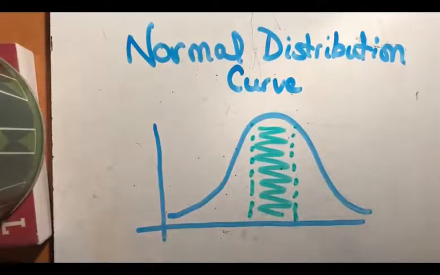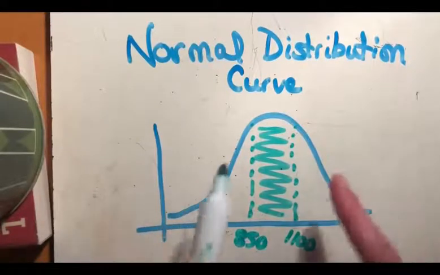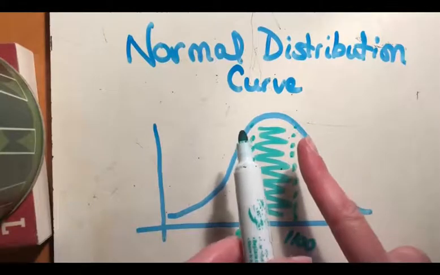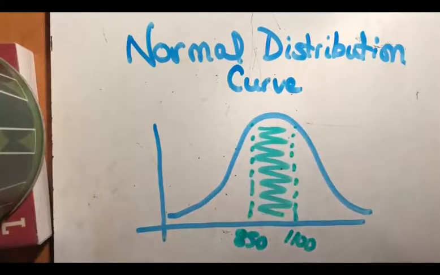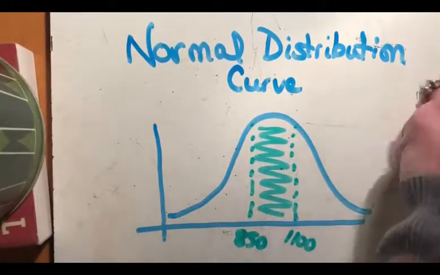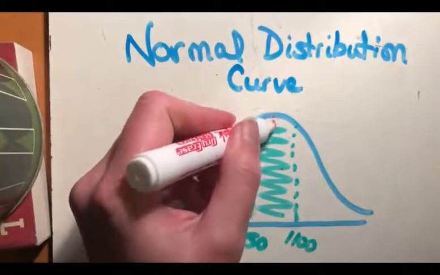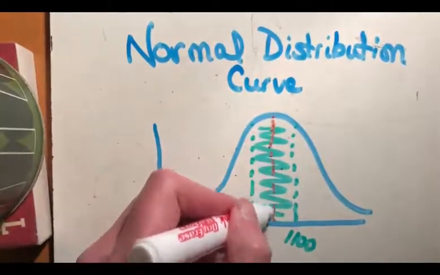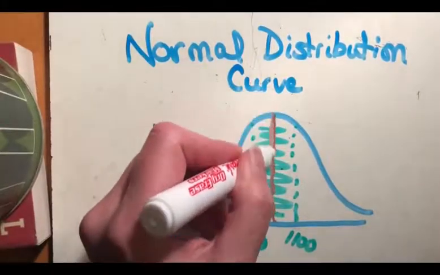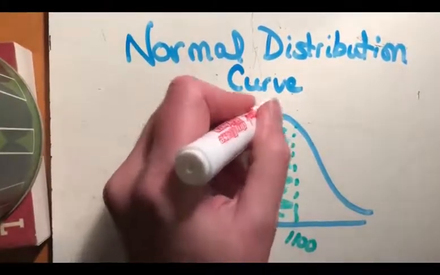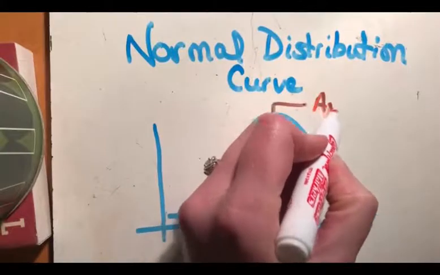In the case of SAT, we're talking about scores somewhere from about 850 to somewhere around about 1100, right? And so most students score within that kind of range. That's considered a nice average score. And so that word that I just used, average, is going to be a pretty main idea here in normal distribution curves that we're going to talk about today. That average, remember, is also called the mean.